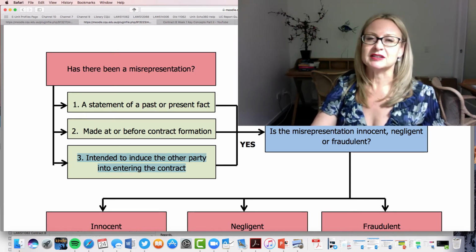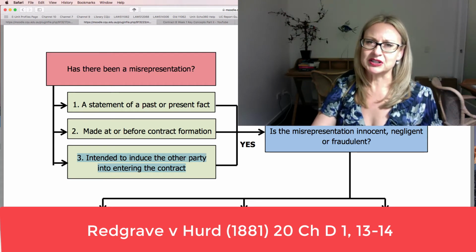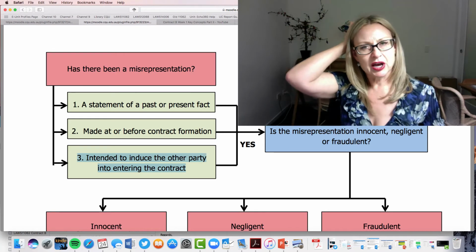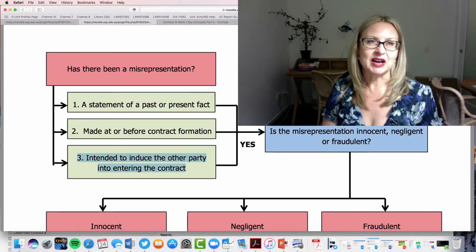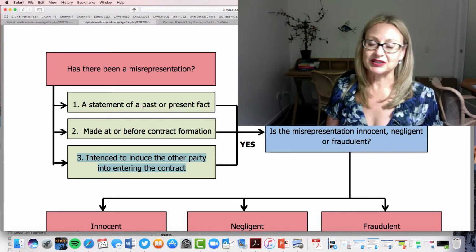And here we have a nice little case called Redgrave and Hurd. The text doesn't really make much of this particular case, but it's an interesting one that fleshes out the concept. Here, another 19th century case. We have a solicitor selling his practice, and he's said that the practice brings in £300 per annum.